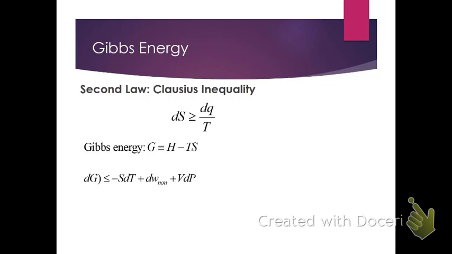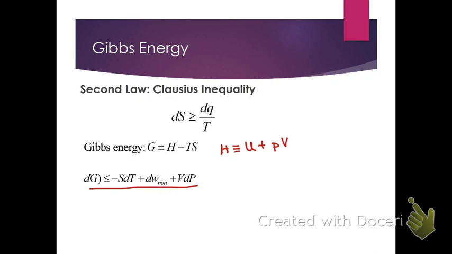Now, if we remember the definition of enthalpy being related to the internal energy plus the pressure-volume product, we can run through a derivation of just a few steps, which we're not going to go through here, to show that we end up with this particular inequality representing the Gibbs energy being less than or equal to this particular summation.